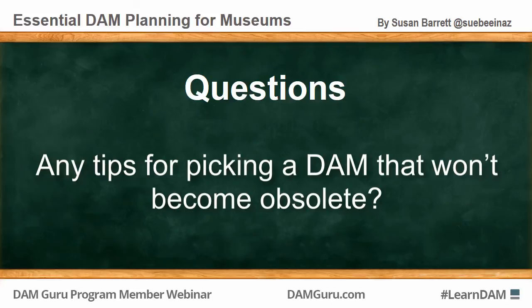So I know this question comes up a lot when it comes to the traditional legacy collection management systems. So you may want to wait around and see if your vendor or the software producer is going to come out with a new version that will meet your needs, and then adopt a digital asset management system that accommodates your digital system and integrate them together through a user interface.